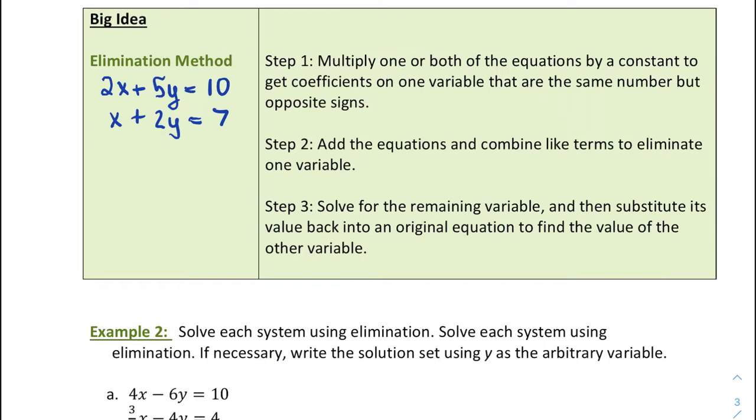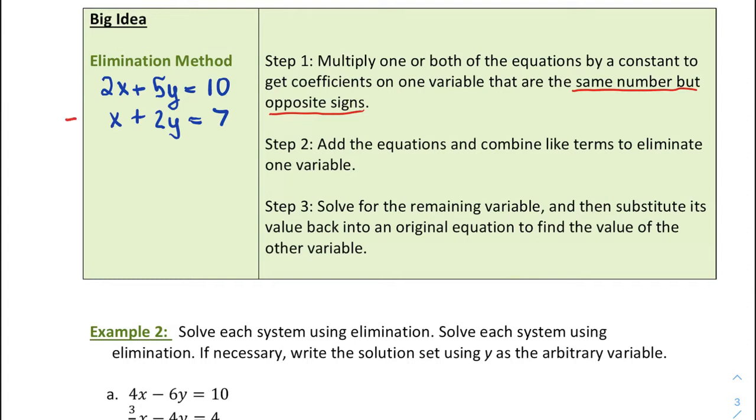Elimination is another option, and it's especially handy when one of your equations doesn't have a variable that's easy to solve for. If you look at this set of two equations I've got here, if I was going to solve by elimination instead of substitution, I would want to get my coefficients on one variable to be the same number but opposite signs. That way if I add my two equations together, that variable eliminates and I'm just left with a single variable in my equation.